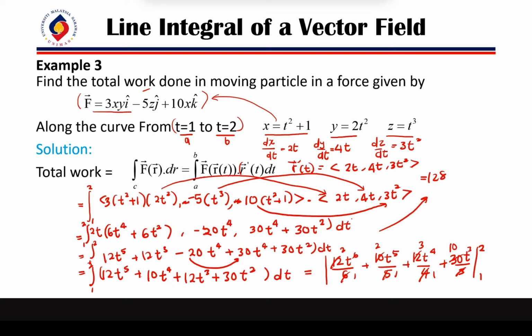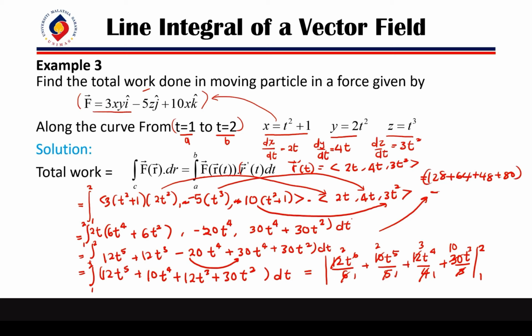Then 2 to the power of 4 times 3 is 48. Then 2 to the power of 3 times 10 is 80. Alright, 128 plus 64 plus 48 plus 80.